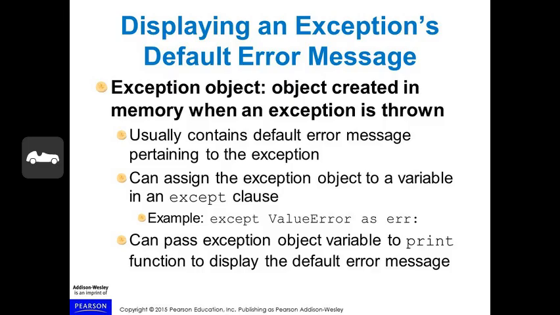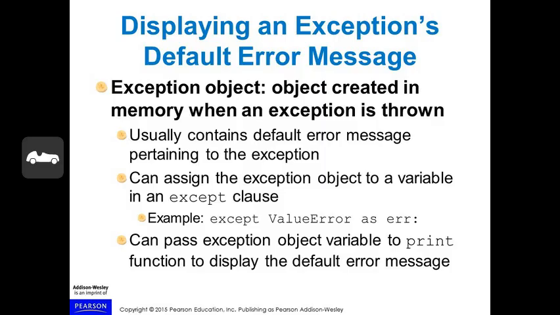When the exception is thrown, an object known as an exception object is created in memory. The exception object usually contains a default error message pertaining to the exception. So it is actually the same error message that we have seen displayed at the end of a traceback when the exception goes unhandled.